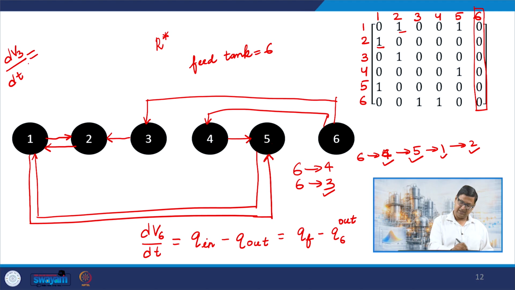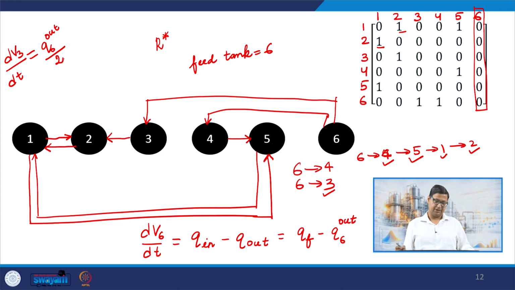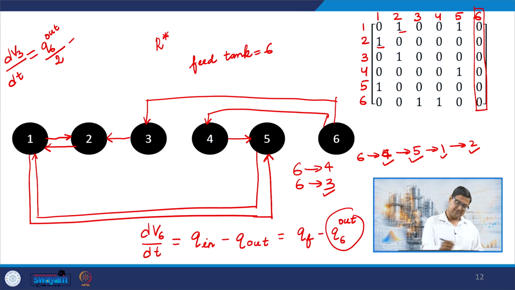For 3, the flow coming in is whatever comes from 6, divided by 2. That is the net input, because this stream that is coming out is q6 out, but it gets divided into 2, minus whatever goes out from 3, that is going into 2.